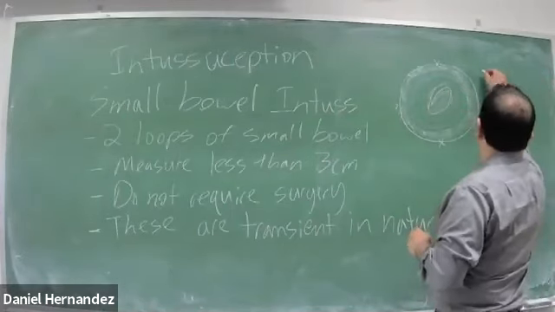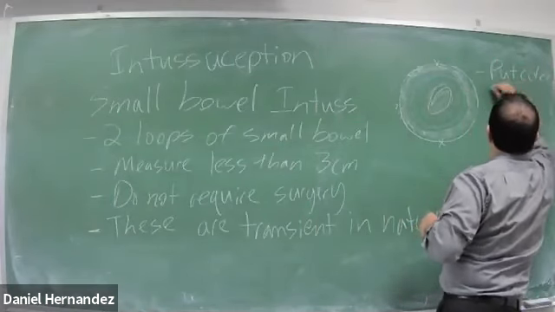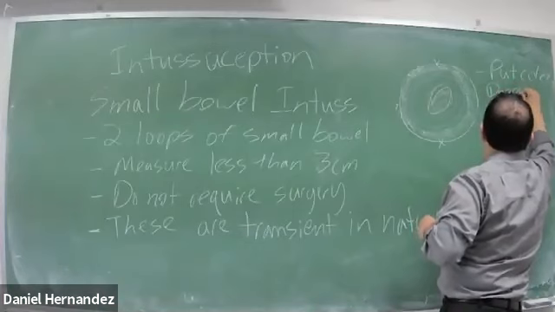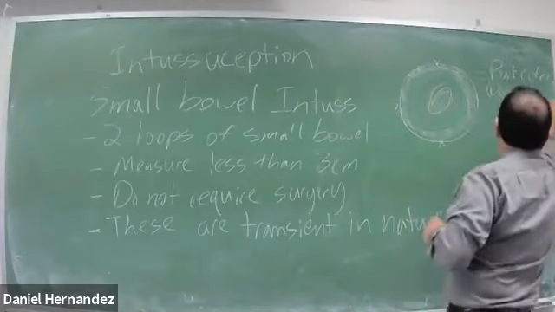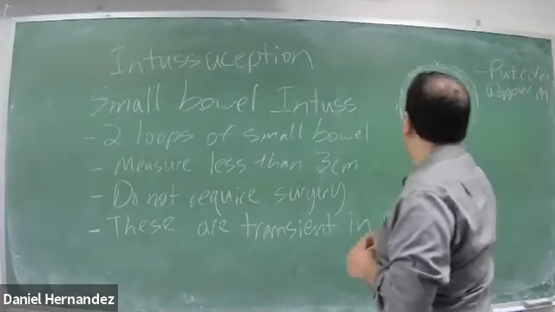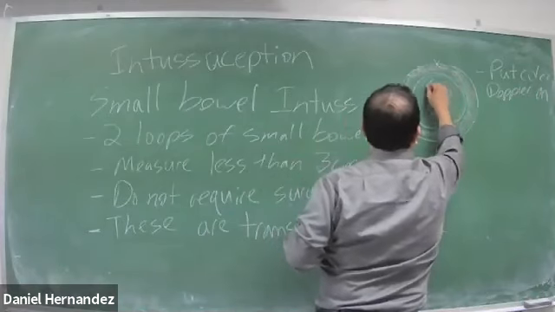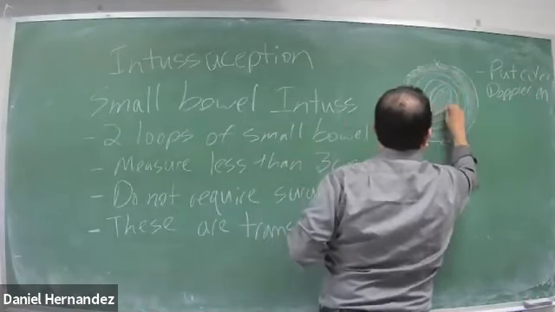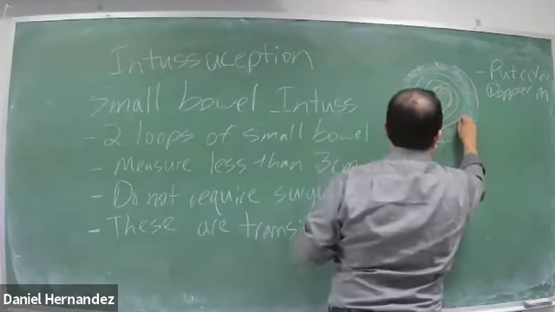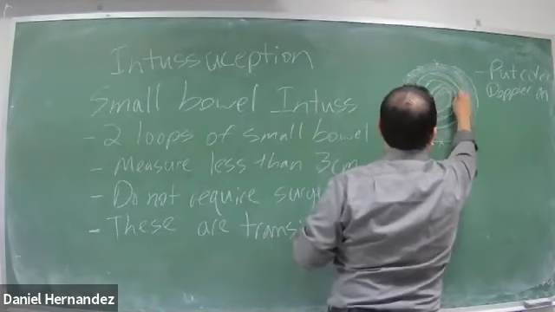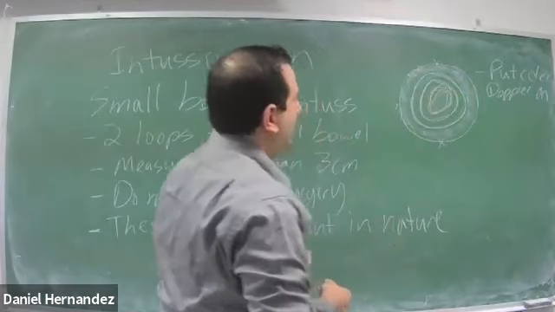You'll also put color Doppler on. With the color Doppler, you should see concentric rings of color within the bowel. That's a good sign too.